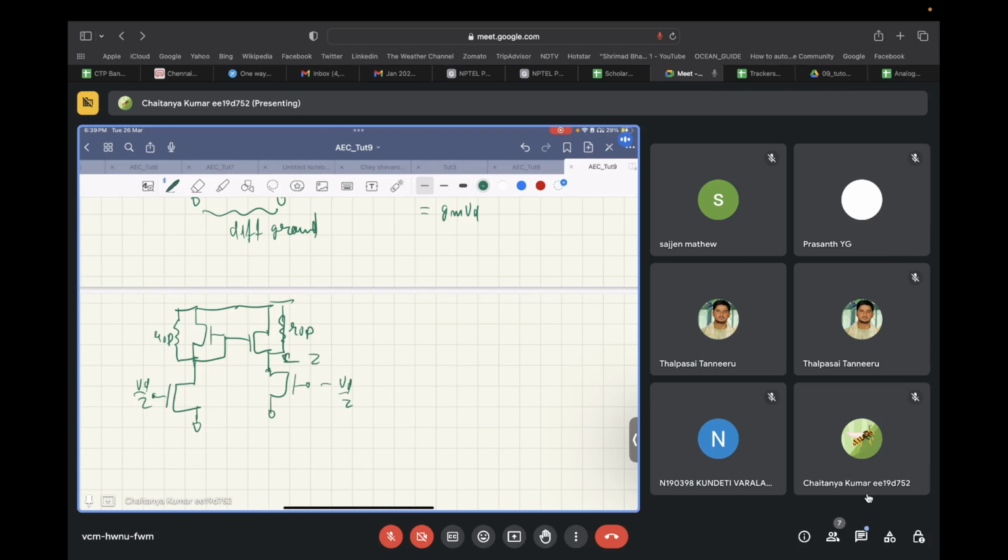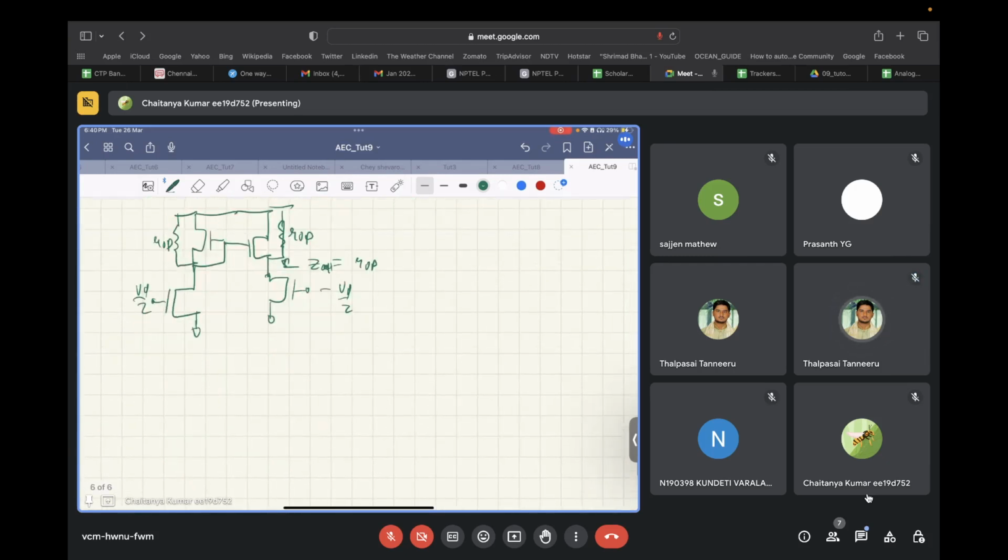So what is the impedance Zout? ROP, sir. Okay. So Vout is the short circuit current multiplied by the output resistance, correct? Yes, sir. Okay. So you have Gm times ROP times Vd.